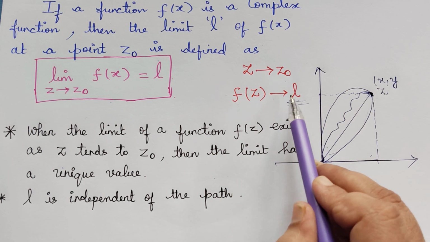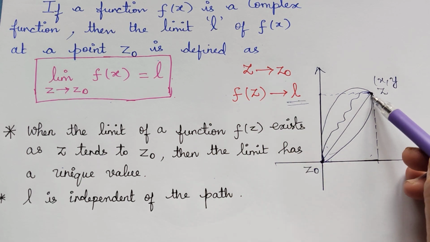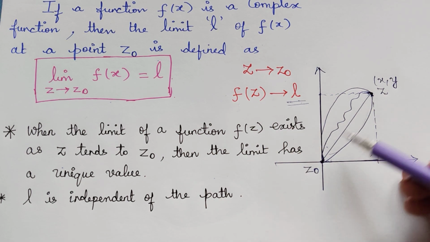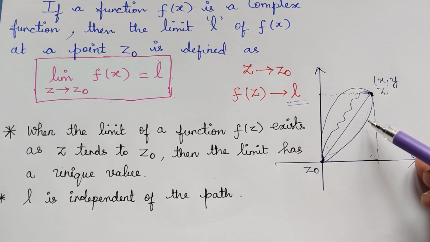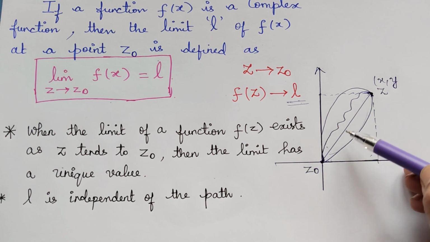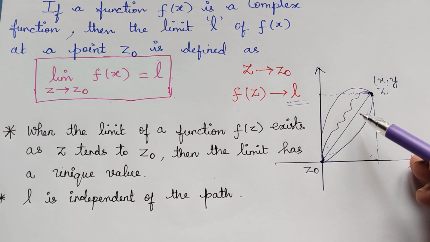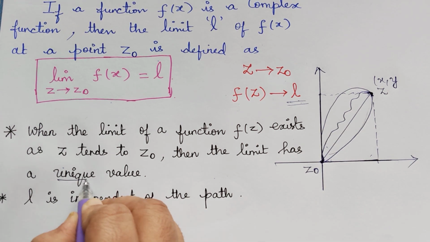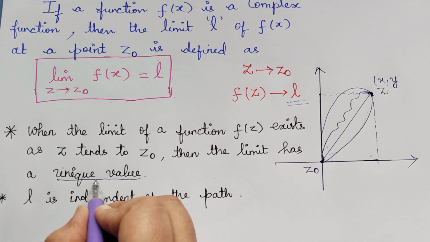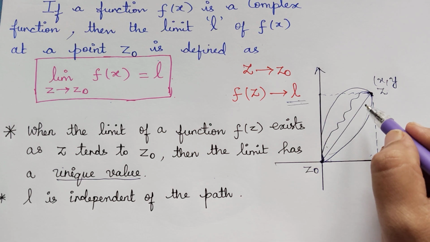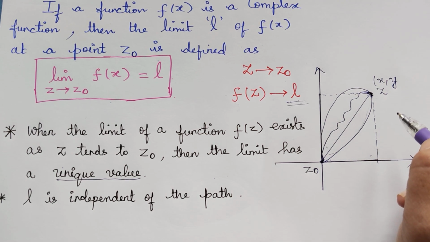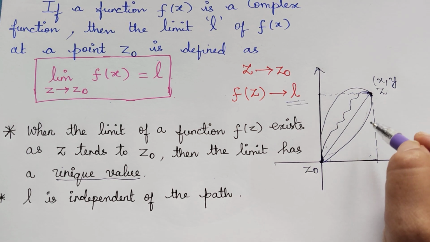If this limit is not unique, if you consider this path and you find a limit and another path and you find a different limit, then it means that the limit does not exist. So always remember, if the limit exists, then it has to take a unique value. If it does not take a unique value along different paths, then the limit does not exist. So that is the concept of limits under complex analysis.